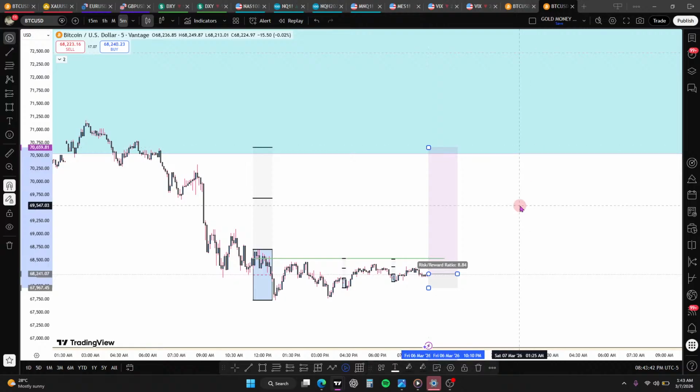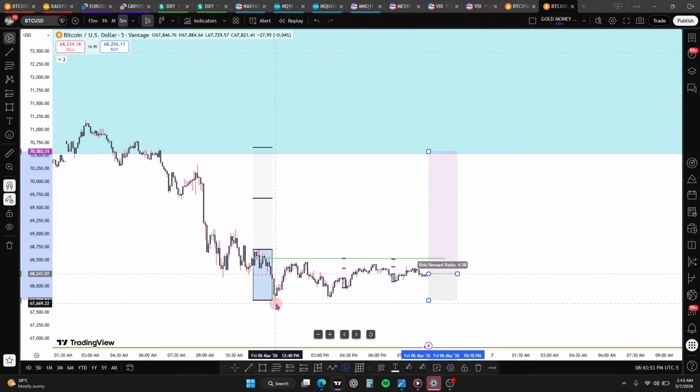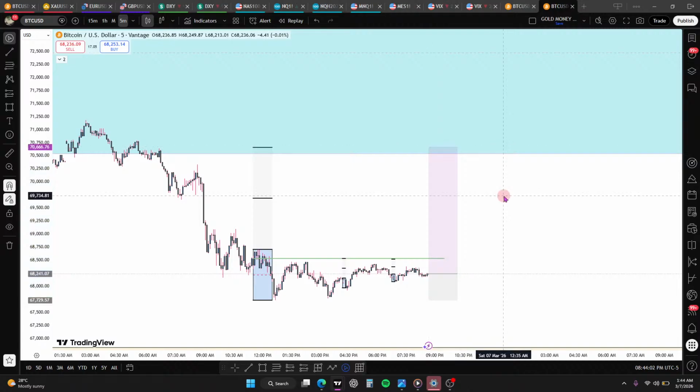Okay, so we're going for an 8.5 to 1 on this trade. But in all honesty, my stop loss should actually be there if we're going for the 30-minute order block, right?